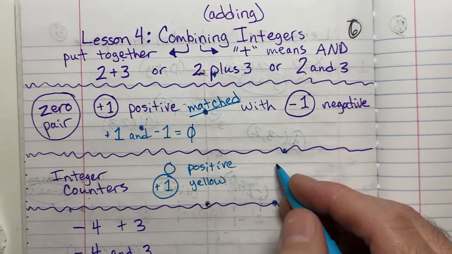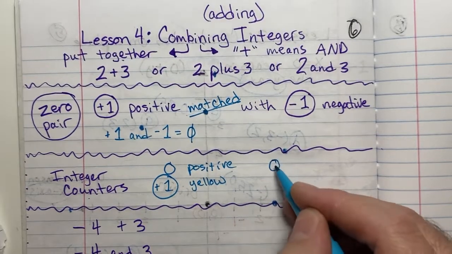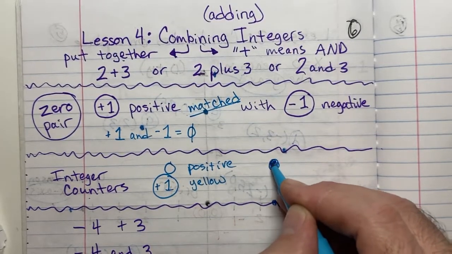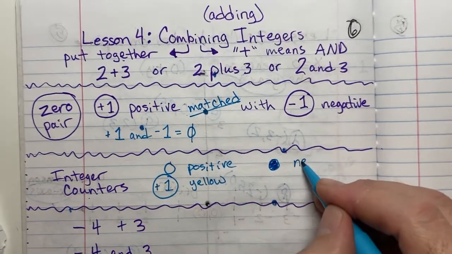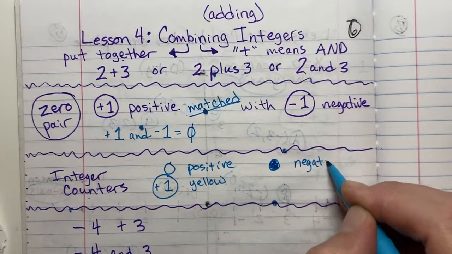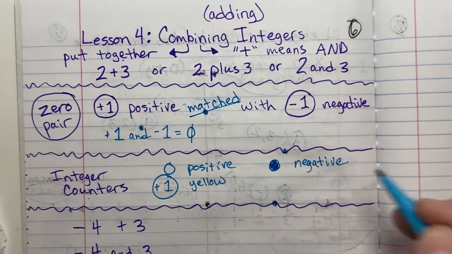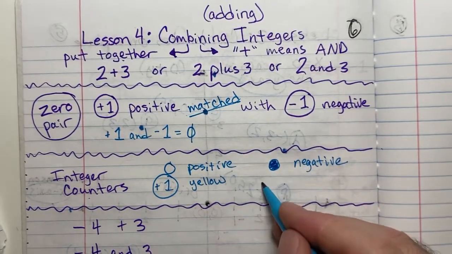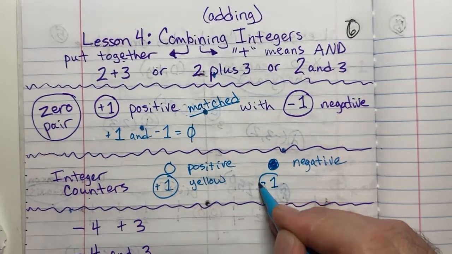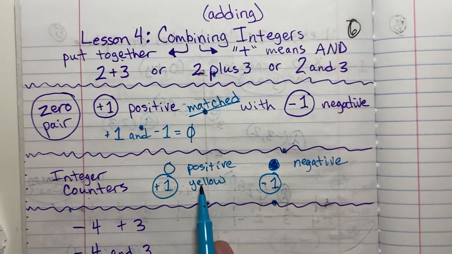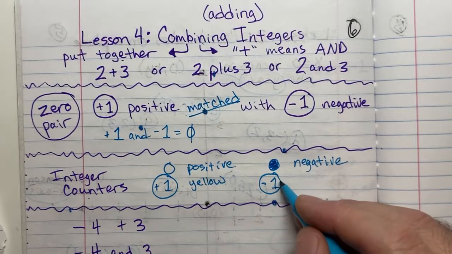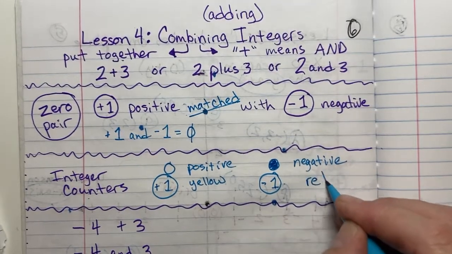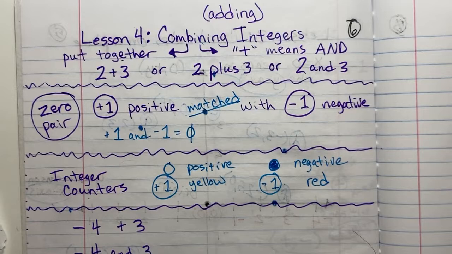And a negative is going to be a shaded circle, which will represent a negative 1. On the flip side of the integer chip, the opposite side of the yellow is the red integer chip, which is the negative.